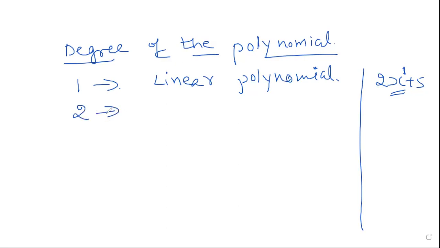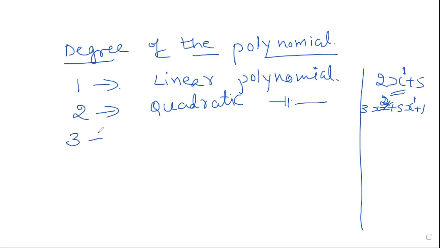For example, if the highest degree is 2, like 3x square plus 5x plus 1, the highest power is 2. So it is called a quadratic polynomial.